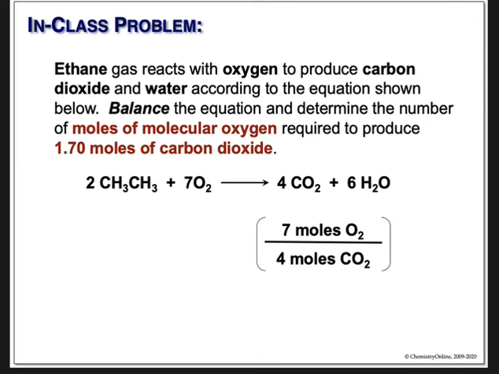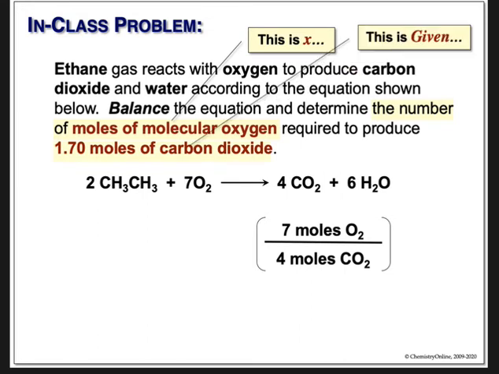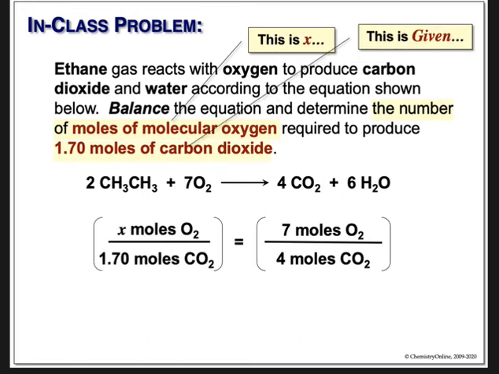Now moles of CO2, moles of oxygen are the unknown. That's going to be our X. Moles of carbon dioxide, that's our number. We have a given. That's our denominator. And simply write the ratios.